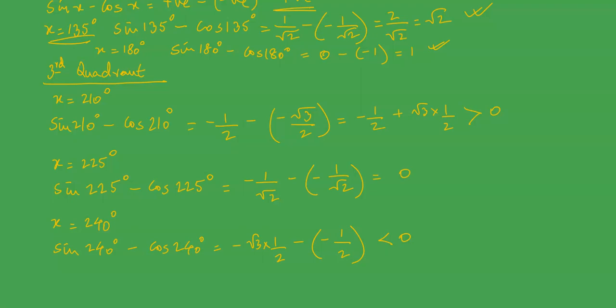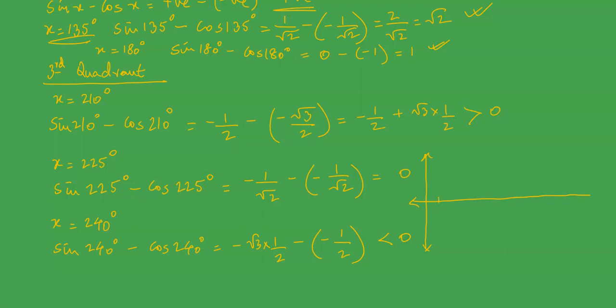So what is the pattern of the graph? And obviously it will be staying below the x-axis for the remaining angles up to 360 degrees that we have to take. And if I just try to draw the graph, what happens?